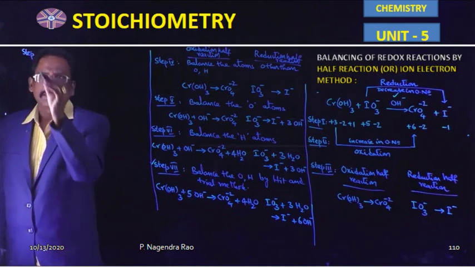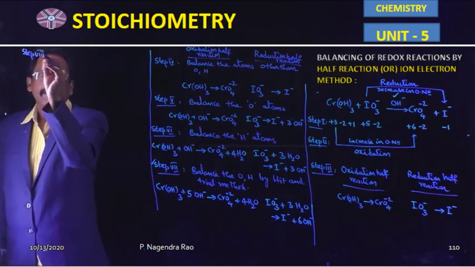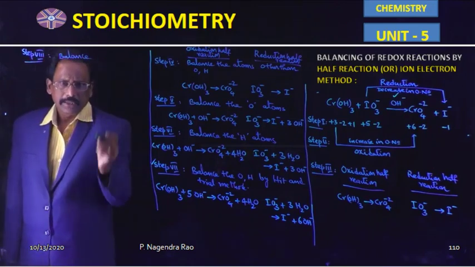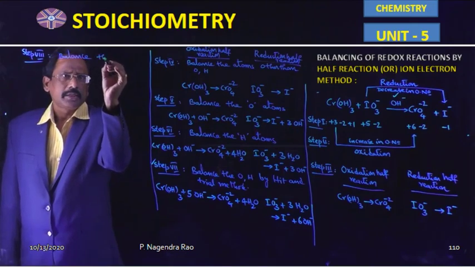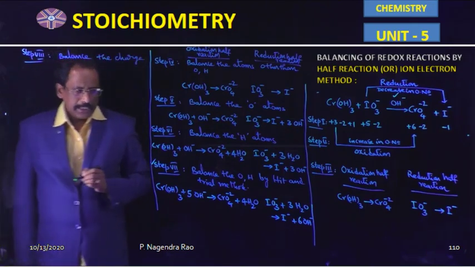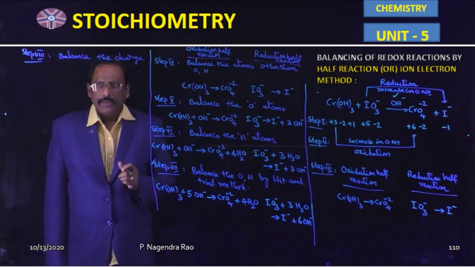Now the next step is to balance the charge by adding the required number of electrons.